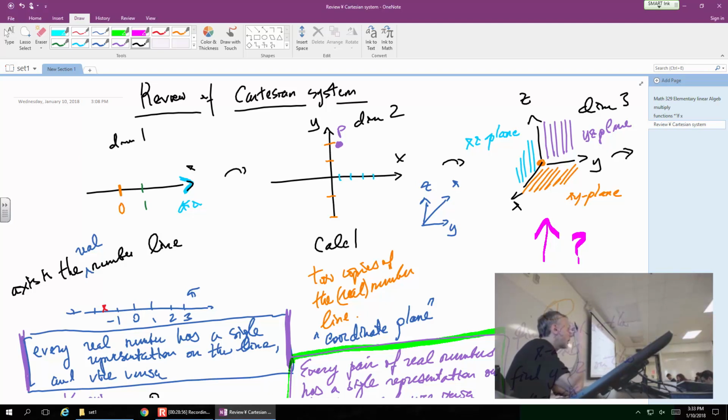How about experimental data? Maybe you are measuring 100 things. You're doing a scientific experiment, measuring 100 things independently, and you write down 100 numbers.